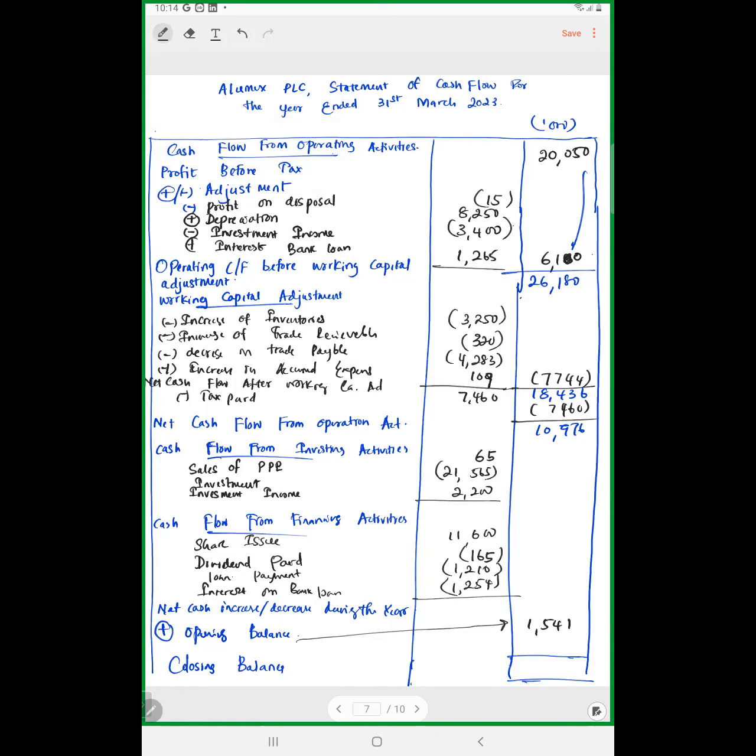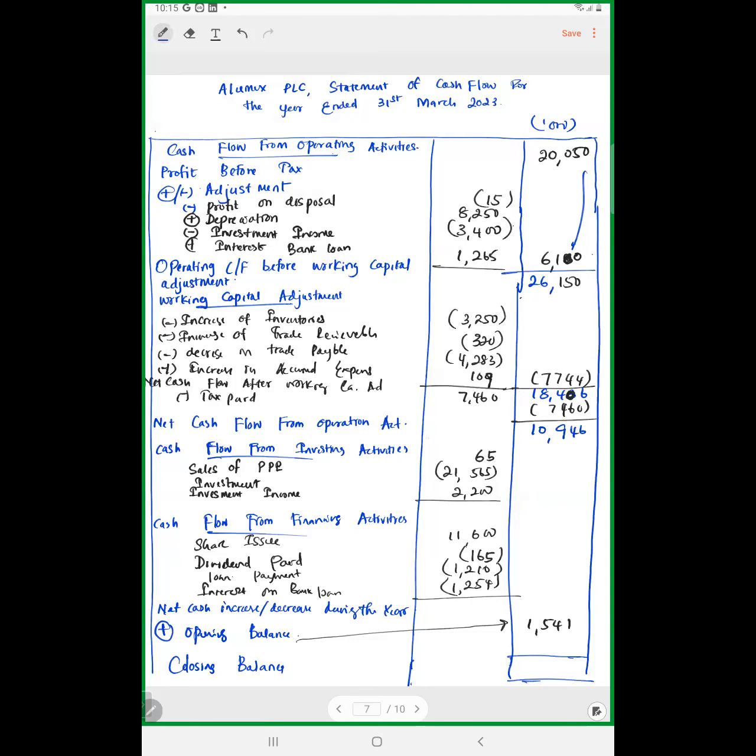So then 10,946 from the operating activities.